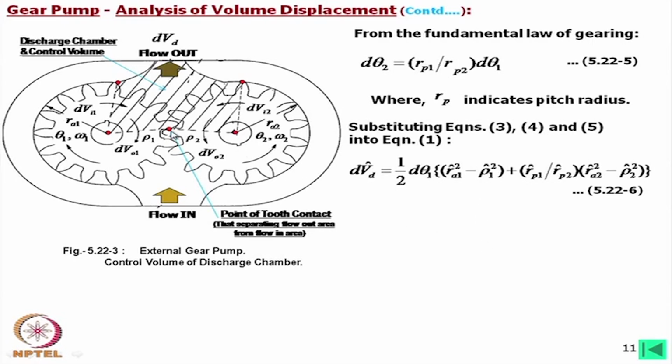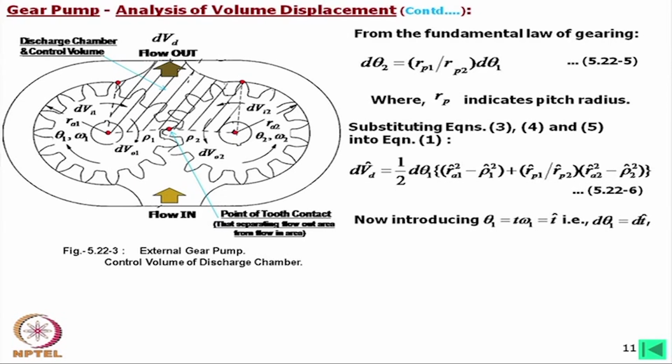But the reason for considering the pitch circle is that when this point comes on the axis, on the line joining the two centers, then this rho 1 and rho 2 will be equal to r_p1 and r_p2. Remember that fact. So maybe this will be better to use at this moment, but anyway this will give the same relations.